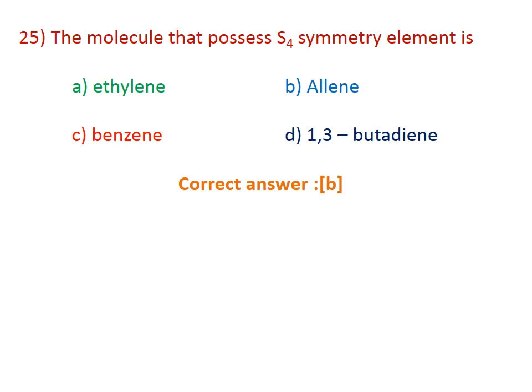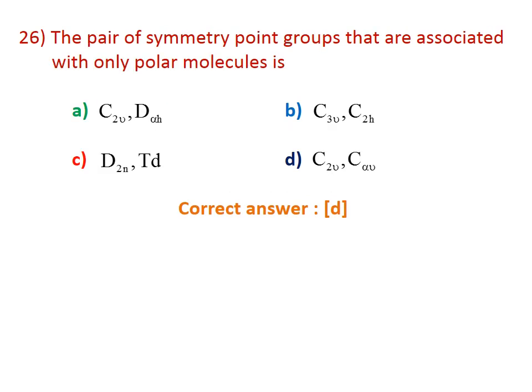Question 25. The molecule that possesses an S4 symmetry element is, it is a well known example. The option B, allene, is the correct answer. Question 26.